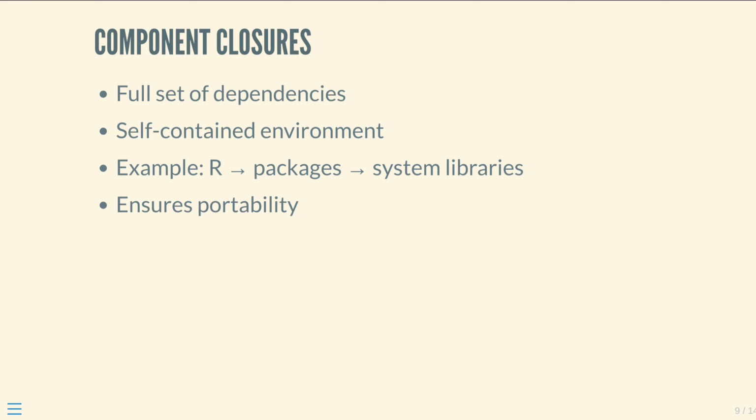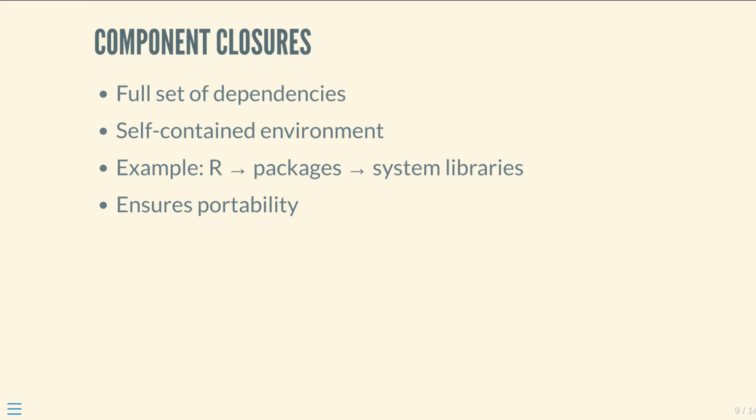All of this together, the derivation, the inputs, the dependencies, and the dependencies of the dependencies, and so on, is a so-called component closure. It's the complete set of dependencies. And in this example, it would be R, or awk with some system libraries, and so on.